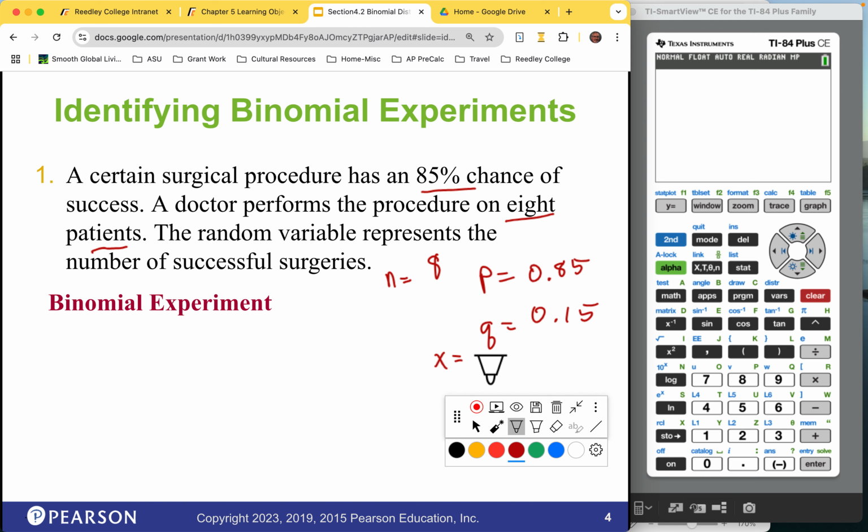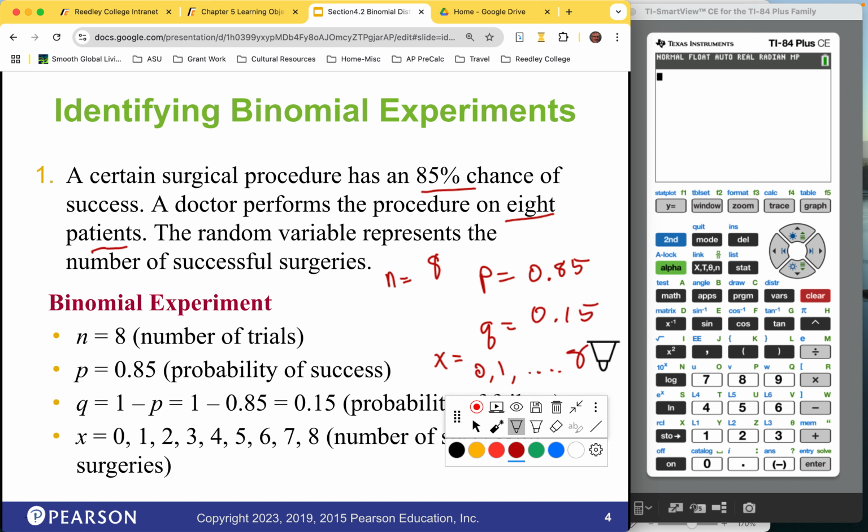Could we put 9 in for x? Could x be 9? No, because there's only 8. So it could be 0 to 8. 0, 1, 2, 3, 4, 5, 6, 7, 8. That's all the values x can take on. Okay? That's binomial. And what we do is we're going to get that distribution. What's the percent that only 0 successes, 1 success, 2 successes, 3 successes, and we'll see that distribution develop as we go.